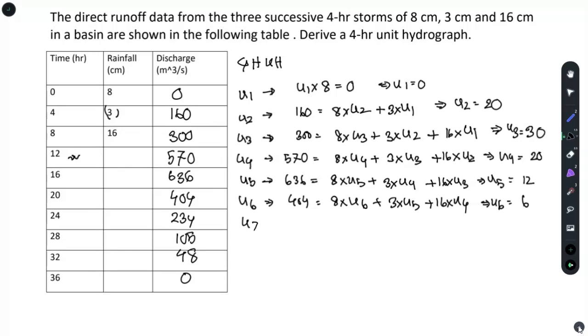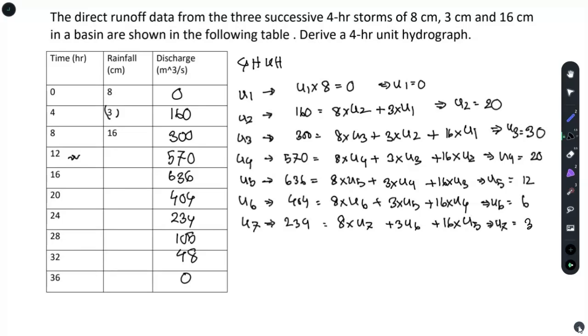For U7, I have a discharge of 234. I'll multiply 8 with U7, 3 with U6. By this time, I guess you know the multiplication system here, and it has an order. Interesting. So from that, I'll get U7, that is 3.